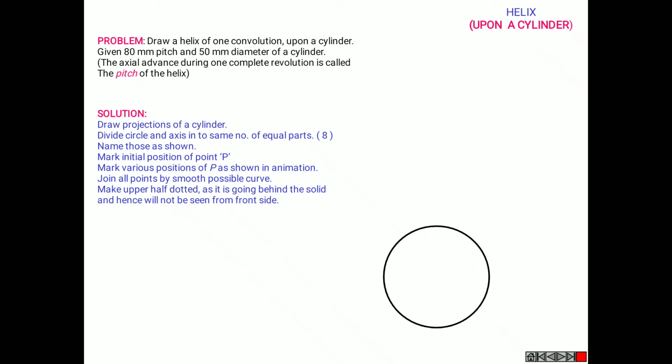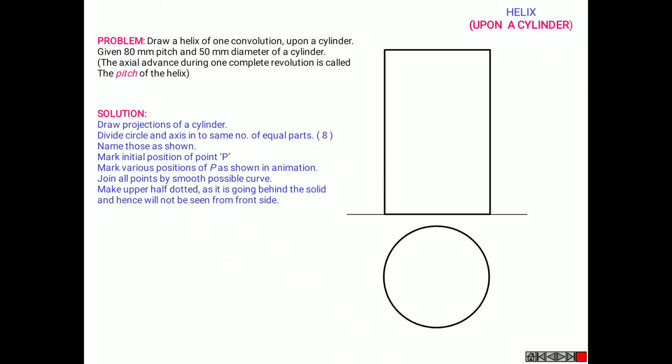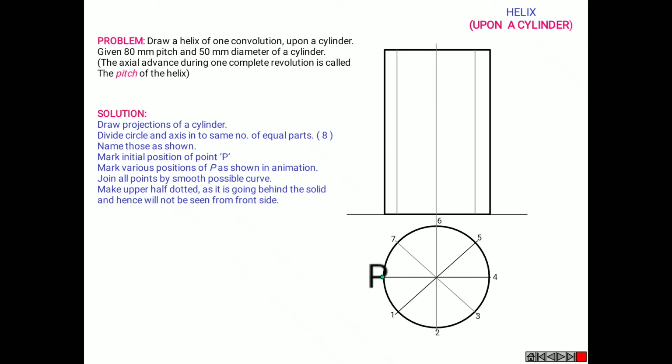Firstly, draw a cylinder with the given diameter of 50 mm. Draw the projections of it and divide the circle into 8 equal parts and name them in the anti-clockwise direction. Mark the 8th point as P and take the projections towards the front view and also divide that into 8 equal parts and name them from 1 to 8.